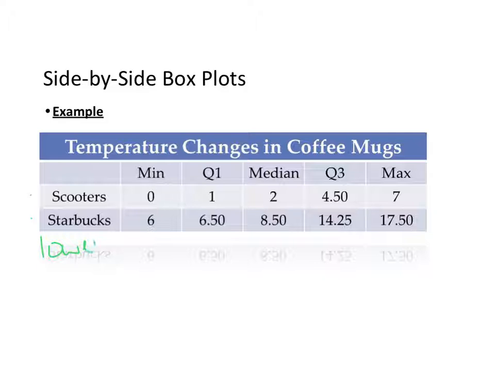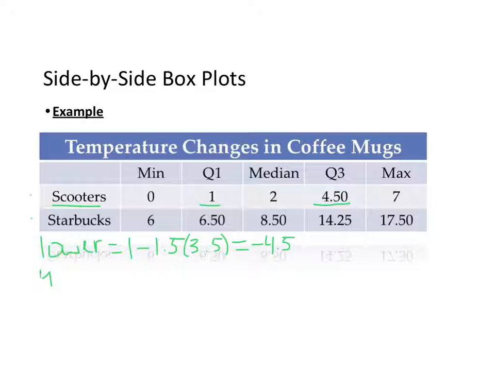So I'll do Scooters in green. Remember the lower fence: we're going to take the first quartile minus 1.5 times the IQR. If I take 4.5 minus 1, that gives me 3.5. When we do our calculations, the lower fence does end up being negative 4.5.